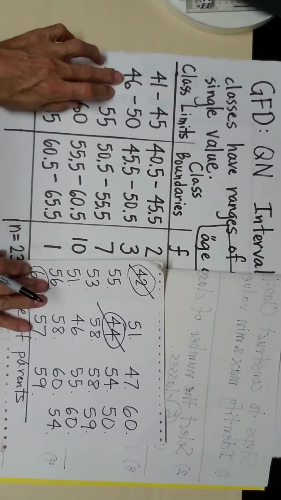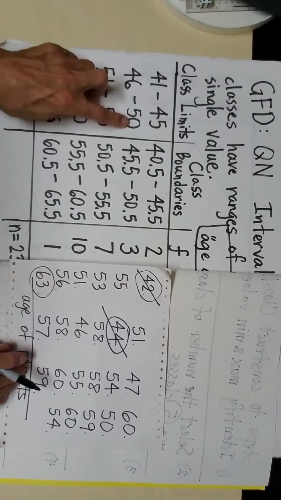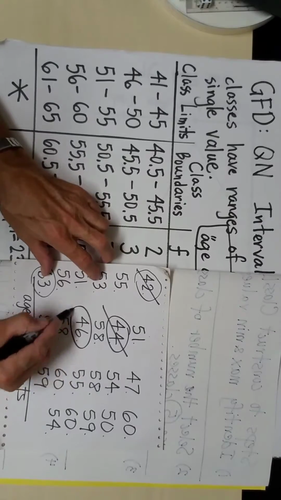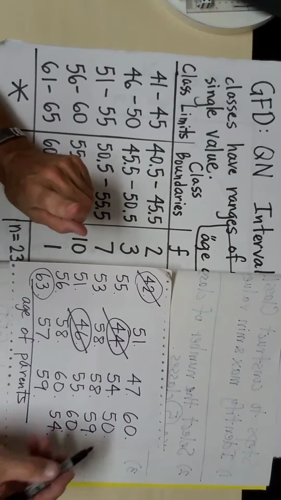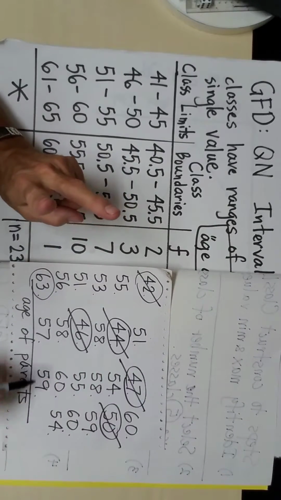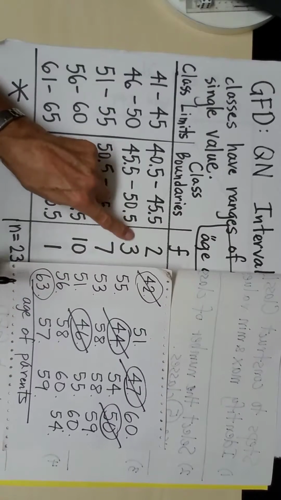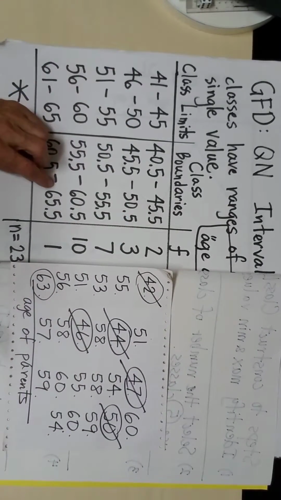For the group from 46 to 50, if the number is between 46 and 50, I count it. So 46, that's 1, 2, 3, and that's how many I'm supposed to have. There were 3 values between 46 and 50.